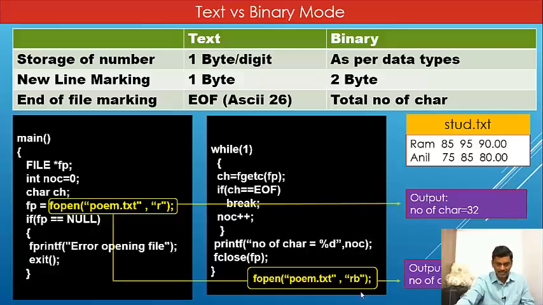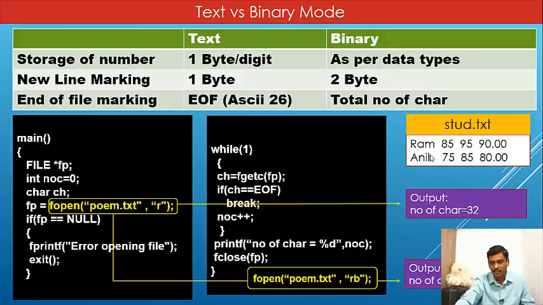We change this to binary mode, rb. It is not poem.txt, it is stud.txt. Our file name is stud.txt, and we put rb, so that file is opened in binary mode. Then the same program, but we open it in binary mode. What will be the output? Output is 31.